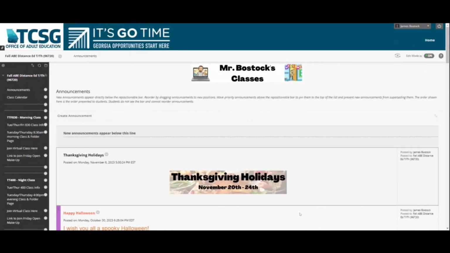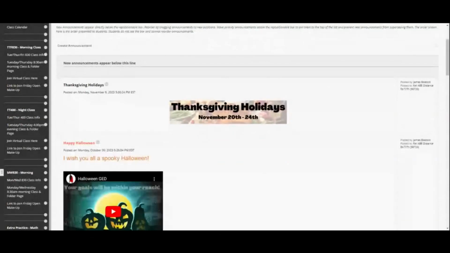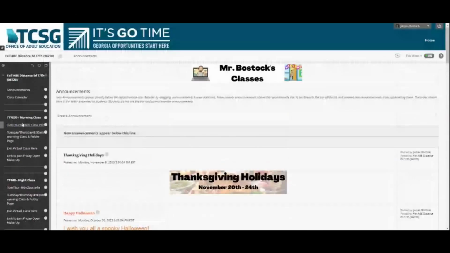When you log in, it takes you to this class page, this announcements page that everybody sees, all of my different classes. Then over here on the left, you all are the morning class. There's a night class. There is a morning face-to-face class on Monday and Wednesday. Y'all are this class. So right here it says Tuesday, Thursday, 8:30 morning class and folder page.